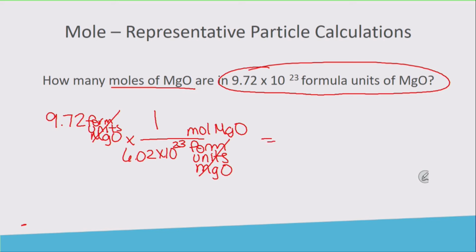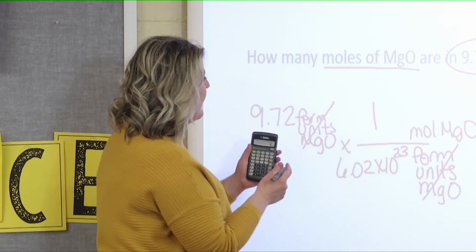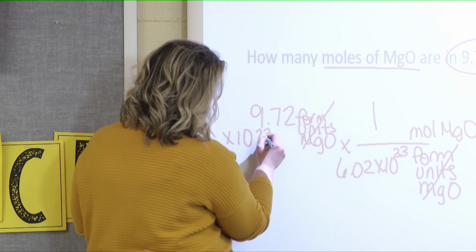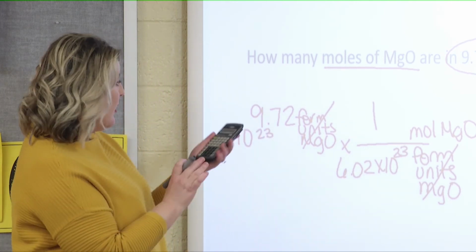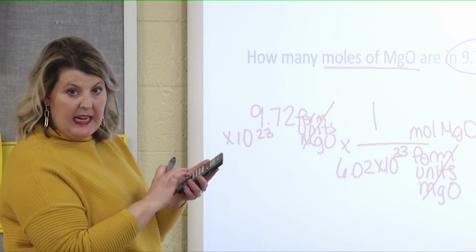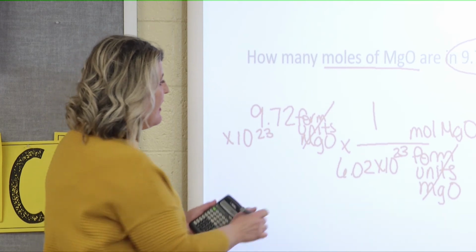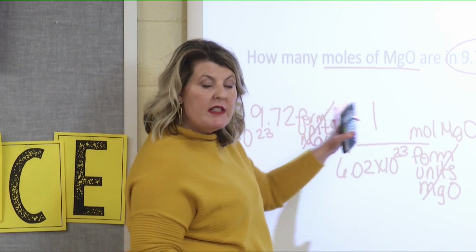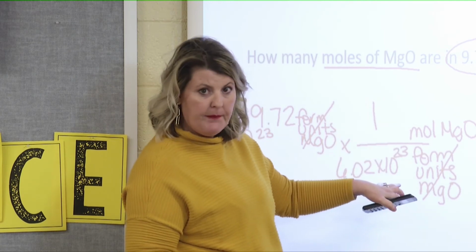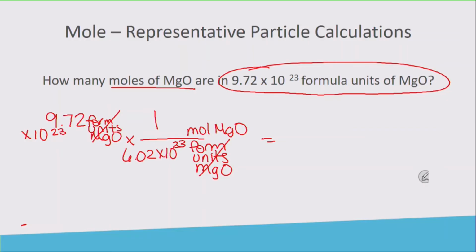Now we're going to put this in our calculator. Pull out your calculator, make sure you're typing it in exactly as I say it. This was actually 9.72 times 10 to the 23rd. So in our calculator, we're going to put 9.72 EE23. Now this is on the bottom. It's not on the top anymore, so we don't multiply. What do we do if it's on the bottom? If it's on the bottom, you divide.